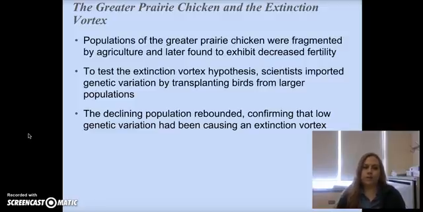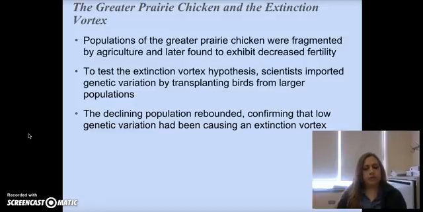So another great example in Illinois was the greater prairie chicken. The populations of greater prairie chicken were fragmented by agriculture, and after a while it was found that they exhibit decreased fertility. So to test this extinction vortex hypothesis, scientists brought in birds from other populations, from larger populations.